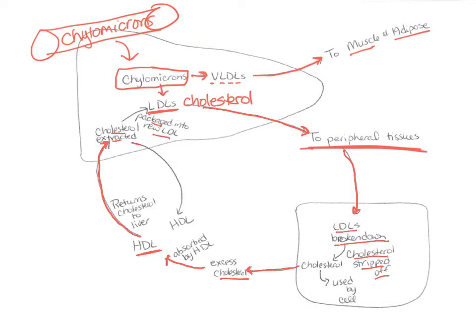The HDL then leaves the liver, goes back out into the circulation, and picks up the excess cholesterol again and delivers it back to the liver again. So the HDLs are really healthy. They're taking any excess cholesterol and taking it back to the liver to be repackaged. That's so that the cholesterol won't pack into your arteries and cause atherosclerosis.